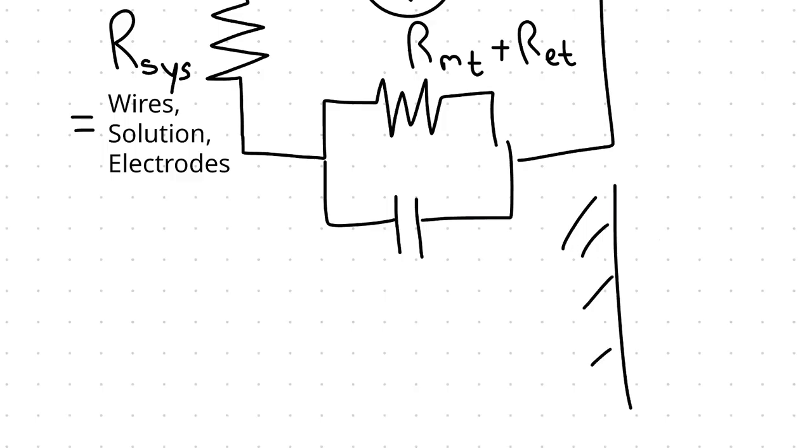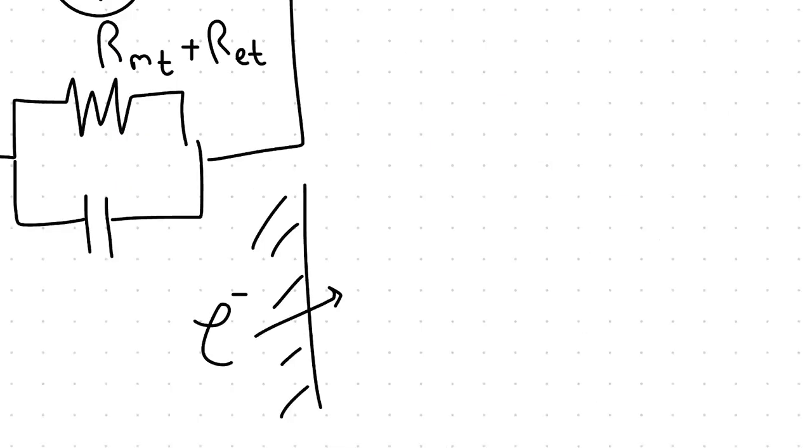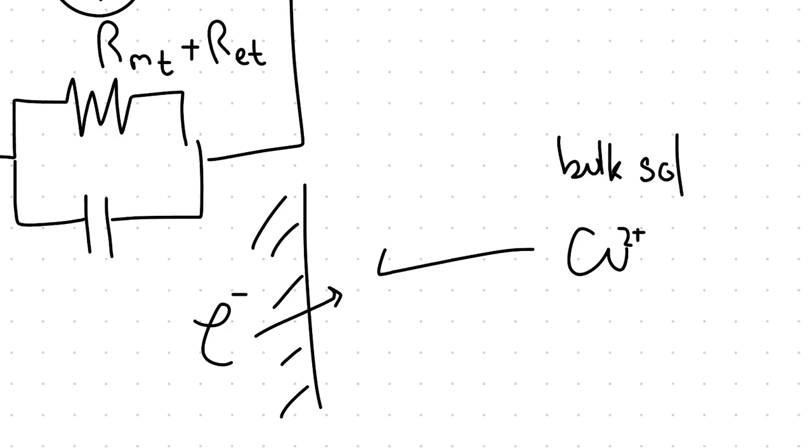We need electrons to move from inside the electrode to out, and we need these copper ions to move from the bulk solution to the interface of the electrode. And that takes diffusion, and that diffusion takes time, which limits the speed of the reaction.